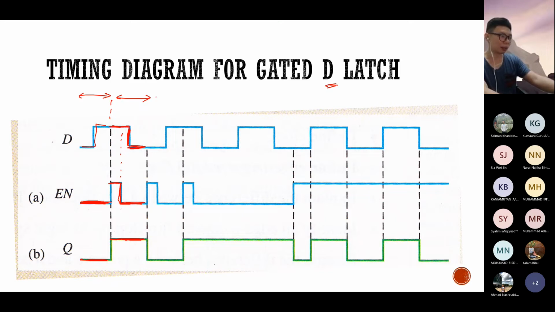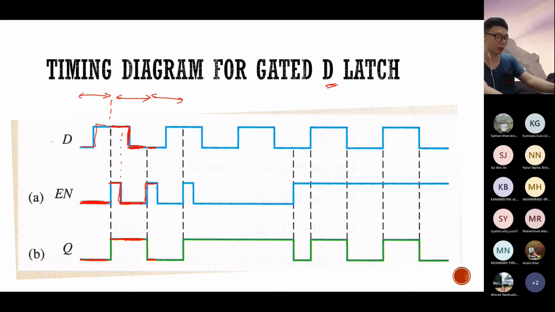Now let's take a look at the next segment, or this third segment over here. In this third segment, you give a value of 1 over here, enable to be 1. Because the enable is 1, now the latch is functioning again. Because the latch is functioning, it's going to see what the value of D is. The value of D is 0, so it's just going to reflect here to be 0.